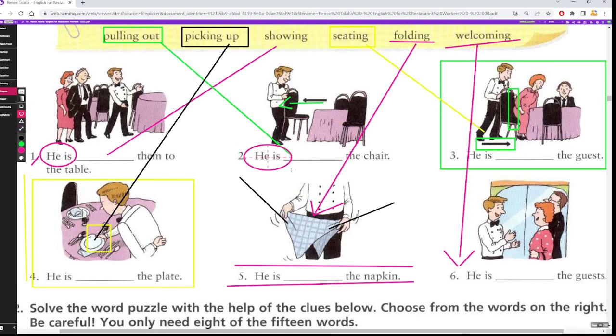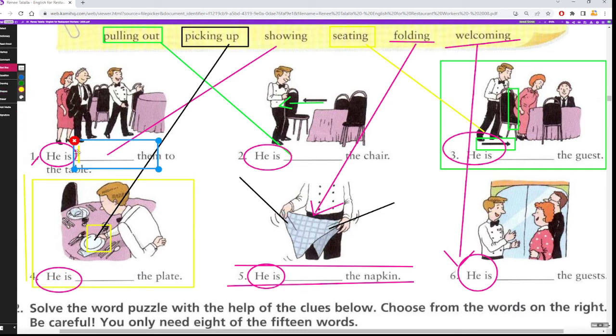He is, he is, he is. You can do contraction.